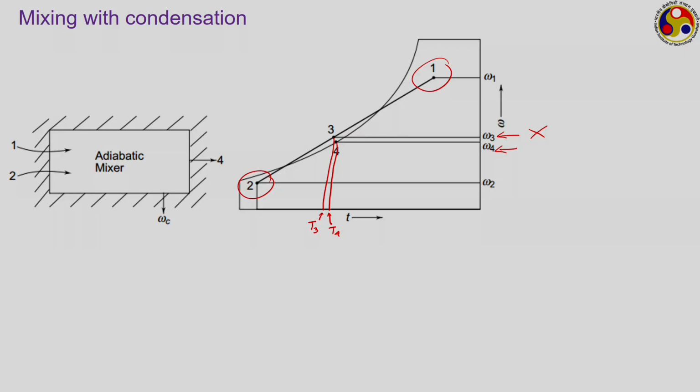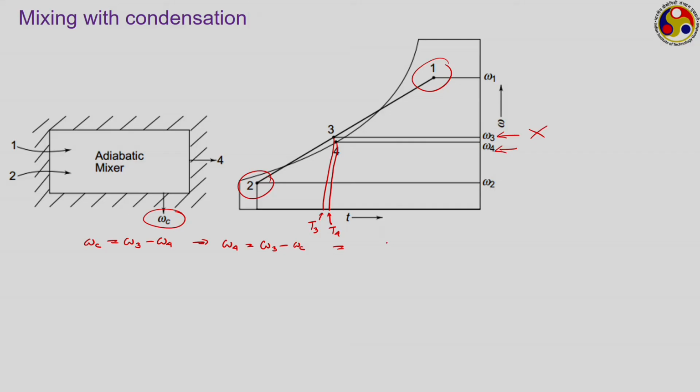Now, in order to identify the magnitude of this omega c, which refers to the mass of condensate that has been collected, that gets separated out, look at this point 4. What will be your omega c? Omega c is the difference between the specific humidity at 3 and 4. So, this is nothing but omega 3 minus omega 4, and therefore omega 4 will be equal to omega 3 minus omega c.